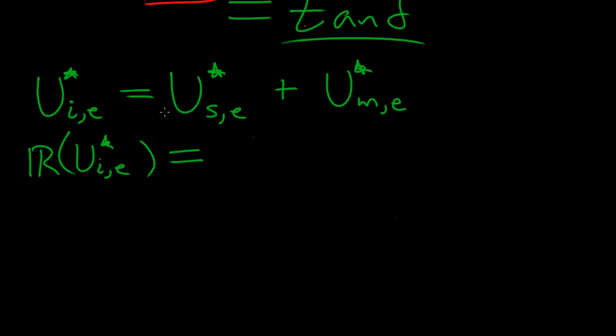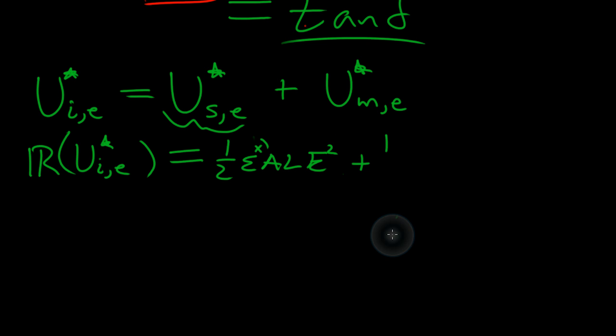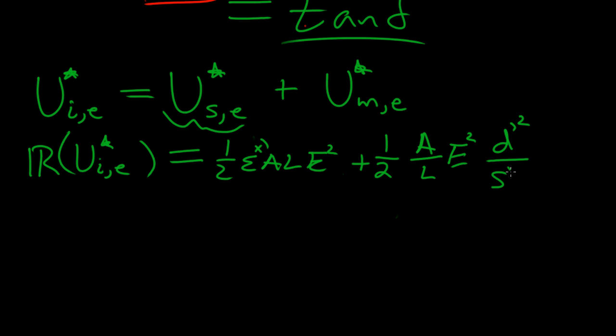So we're going to use the real part of the stored electrical energy, which is just 1/2 epsilon A L little x and little x E squared, and that'll be single prime, plus 1/2 A L the electric field squared d prime squared over s prime E. So this is the stored electrical energy.